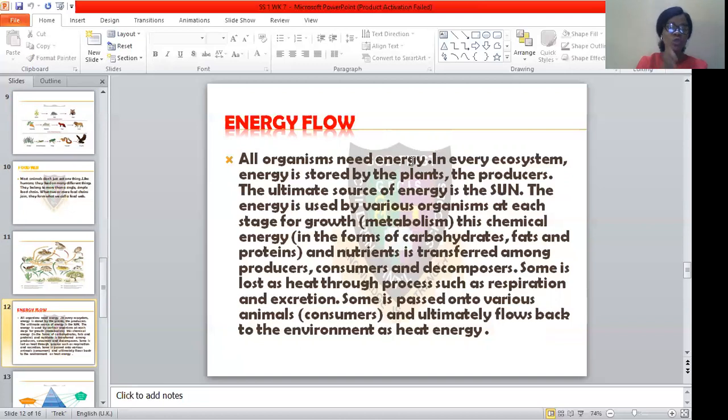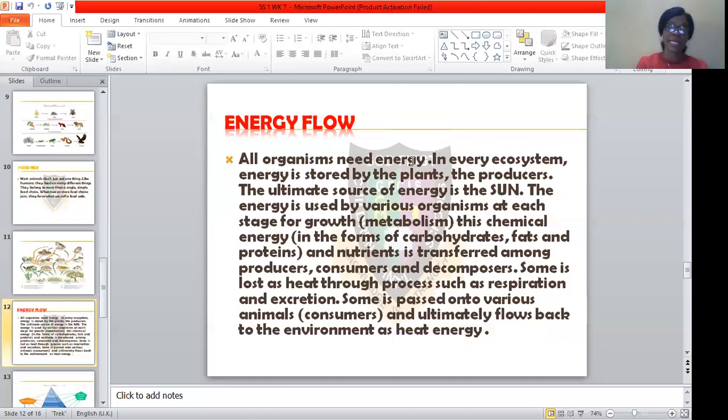The energy is used by various organisms at each stage of growth, that is metabolism. This chemical energy, in the form of carbohydrates, fats, proteins, and nutrients, is transferred among the producers, the consumers, and finally the decomposers. Some is lost as heat through processes such as respiration and excretion.